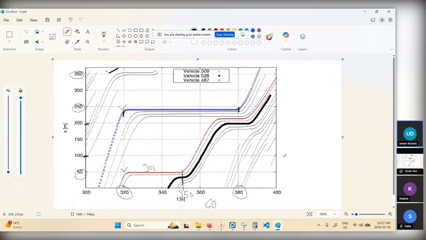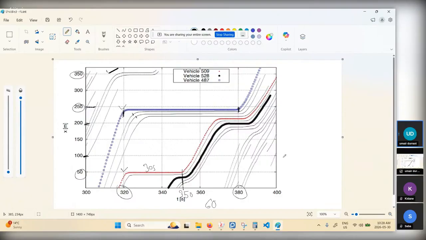So I think what is happening is that the traffic light is here, right? And this is the first vehicle that stopped. And then these are the followers of this vehicle. This is the first follower, which also stopped after this. Then the second one, which stopped after this, and so on.